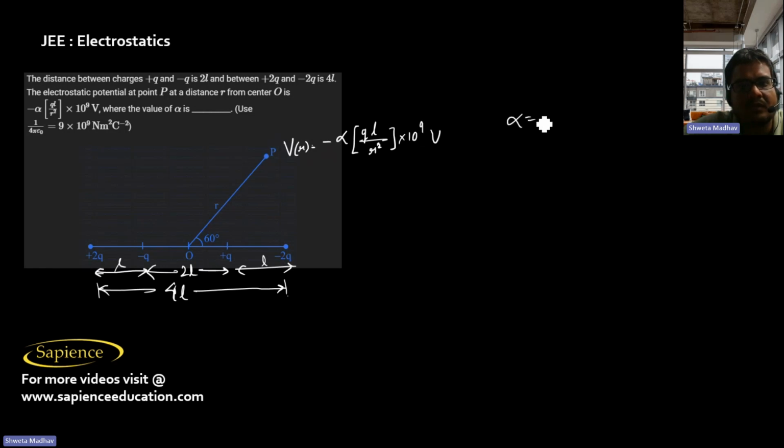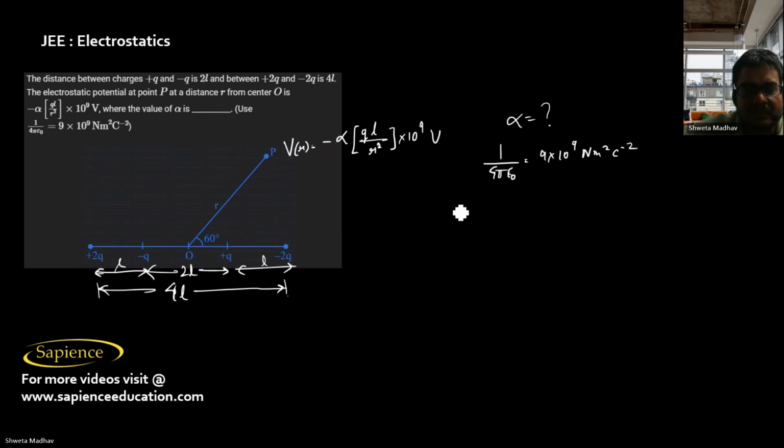And the value of alpha will be how much? And here it is told we can take 1 by 4 pi epsilon naught value as 9 into 10 power 9 Newton meter square per coulomb square. So now this is 60 degree.